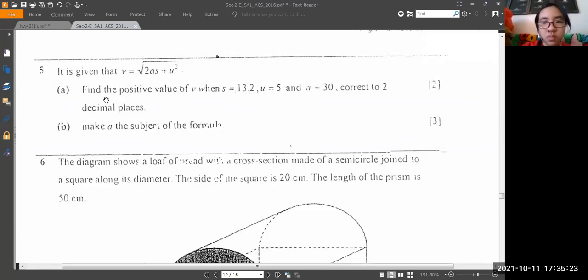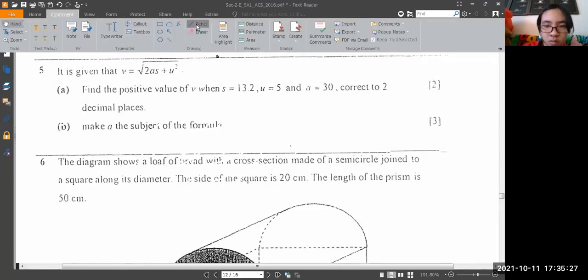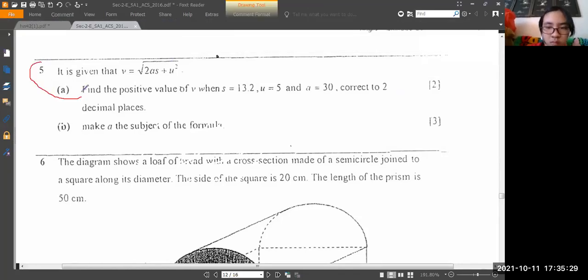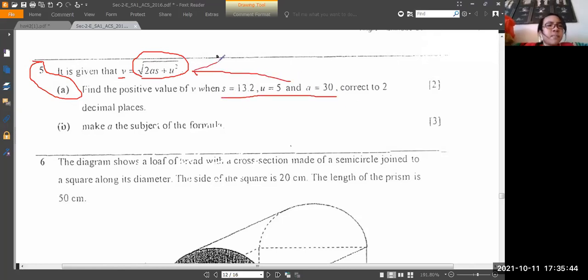Hmm. 这题 5A. A only. They ask you to find a V given this. And then they also give you all the values already.